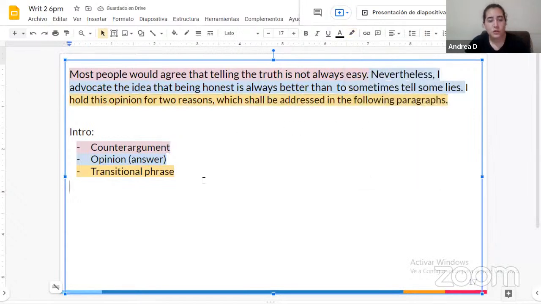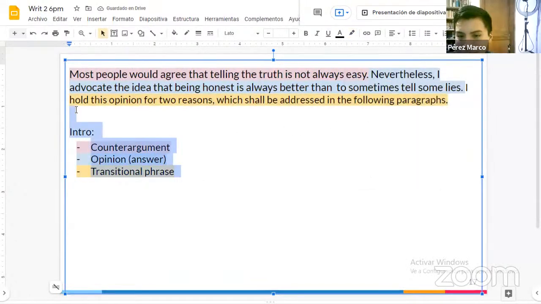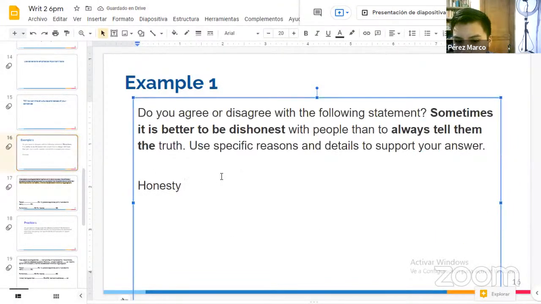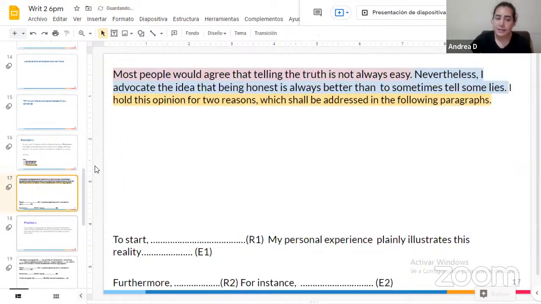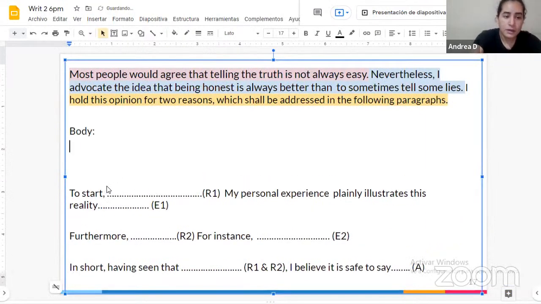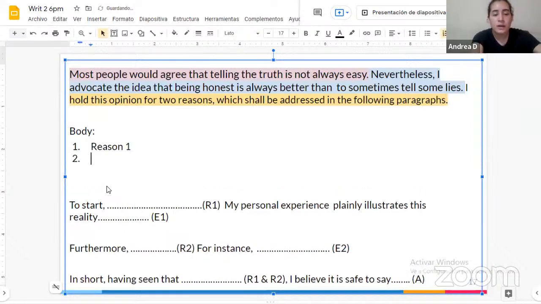After you're done with the introduction, you need to start the body, right? So for the body paragraphs, the 2 basic things that you need to make sure you have in the body: one of them is your idea, your reason number 1. And the second one is at least one example. Not necessarily an example, but it has to have some sort of evidence, preferably an example.